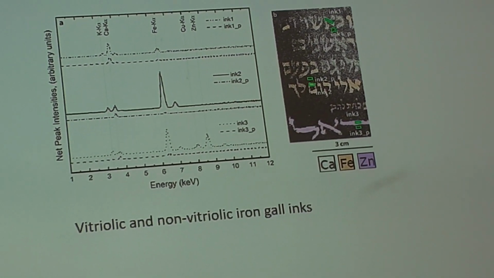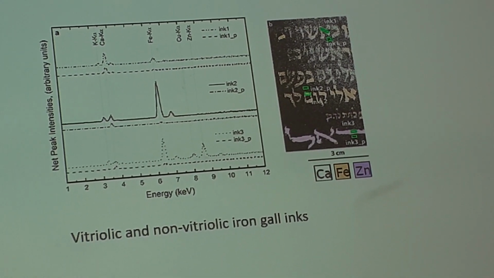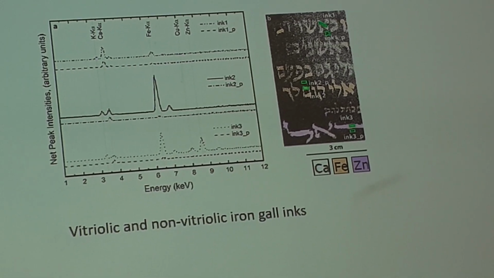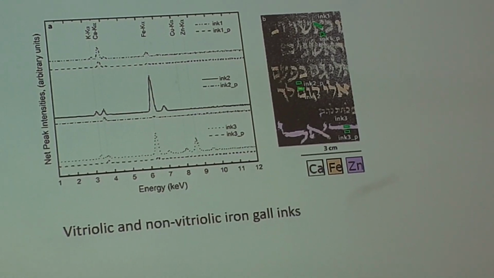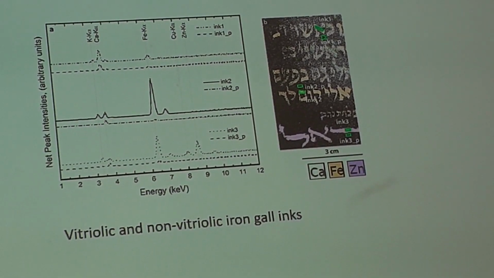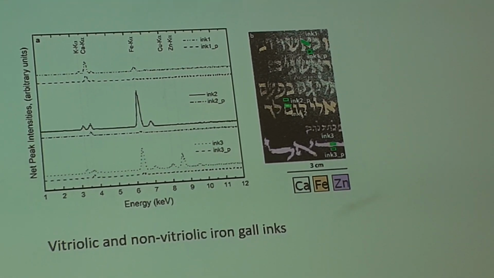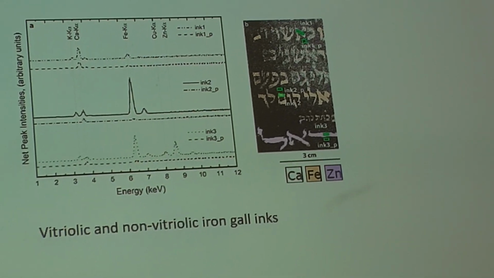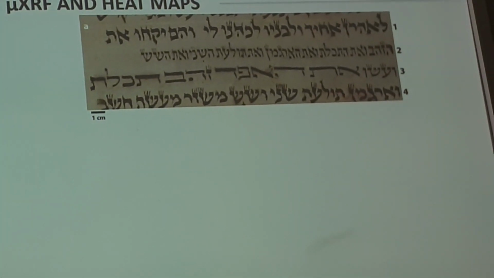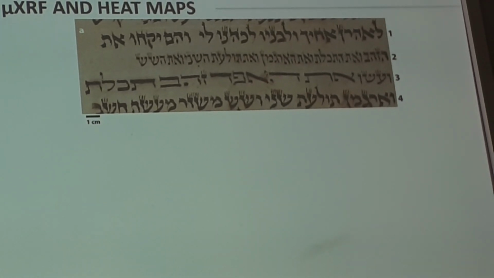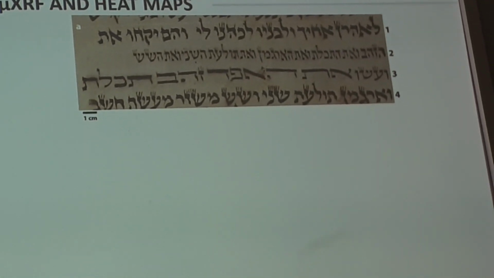However, as we can see from this spectrum, the ink in the middle, in comparison with the ink at the top, contains a different intensity or different amount of iron. This led us to proposing a method of comparing such inks of very uniform, similar composition.